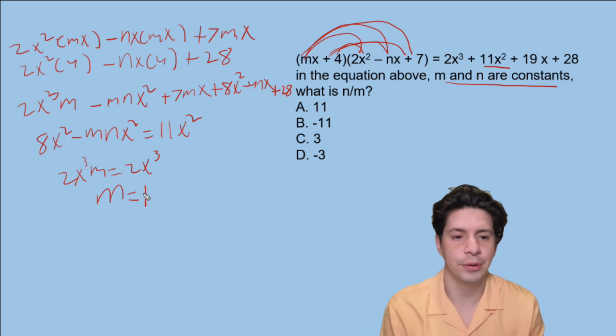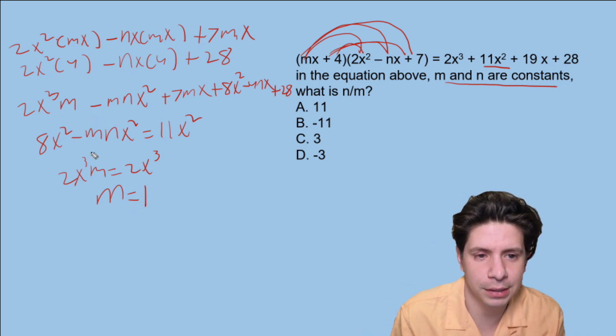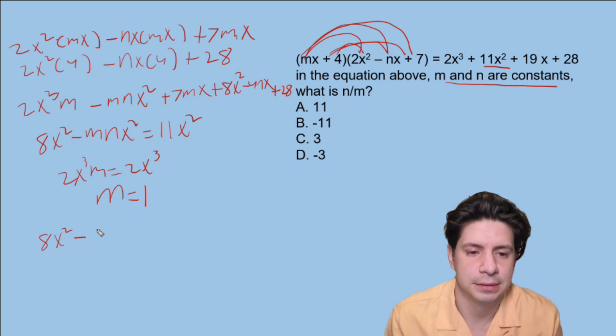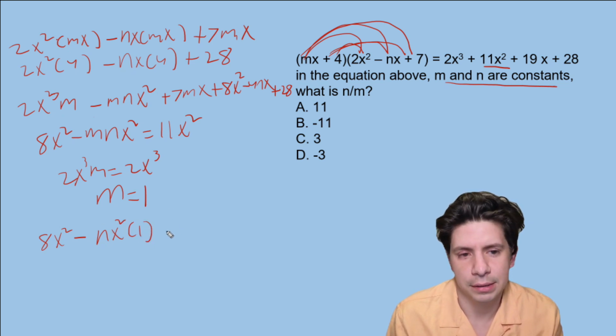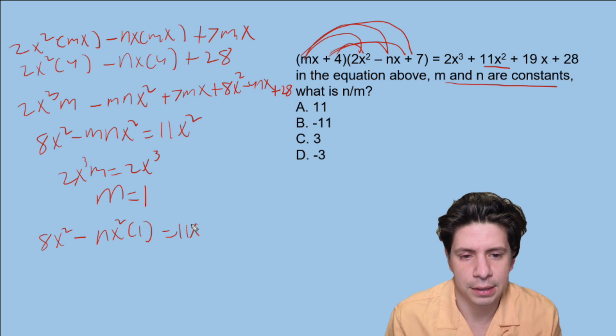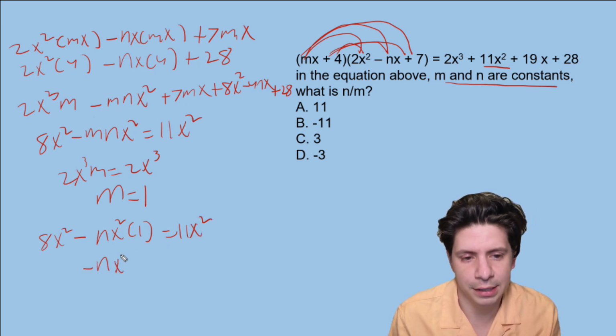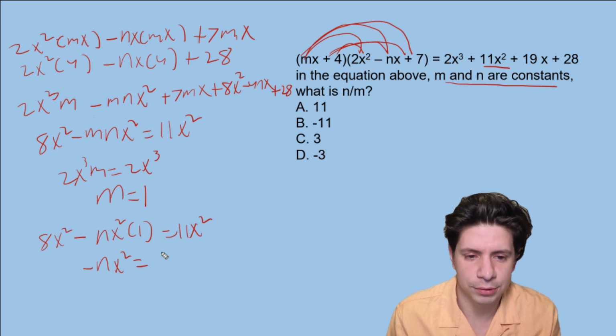Now that we have m, we can plug in 1 and solve for n. So we have 8x² − nx² because it was just 1, equals 11x². We subtract 8x², and we get negative nx² = 3x².